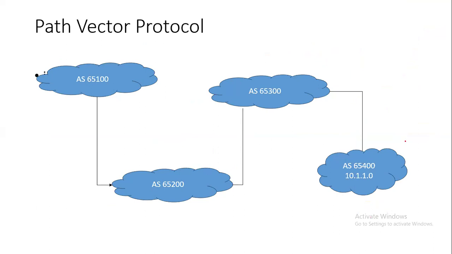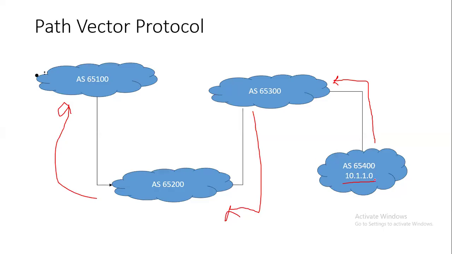This is my router ID, and this is the path to reach AS 65400. When I send the information from this router to this AS number, or whatever routers are inside, what will it carry? It will carry the AS number, 65400, and the network, 10.1.1.0.